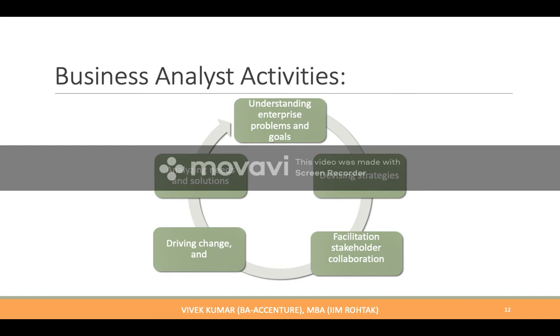A business analyst has to facilitate this stakeholder collaboration to get the maximum information out of it and also to get approvals, because a business analyst comes in between all the stakeholders. One stakeholder might have a requirement which may hurt another stakeholder, so they have to interact with all of them, get a consensus from them on a particular solution, and then move ahead with that.